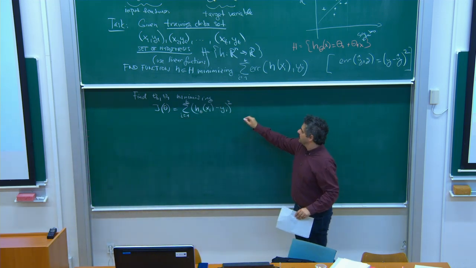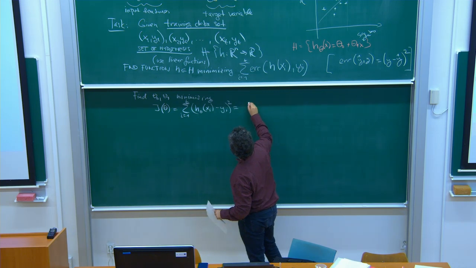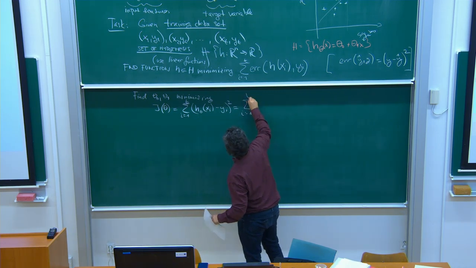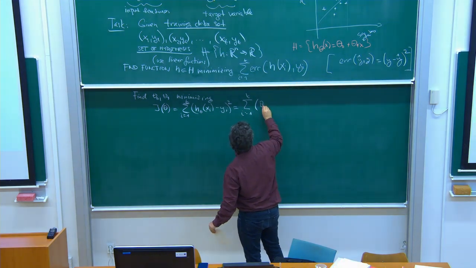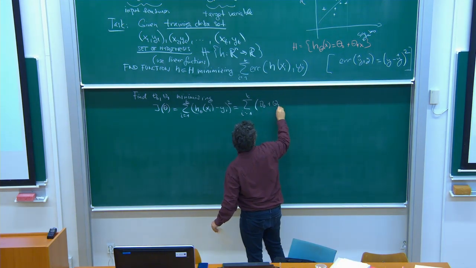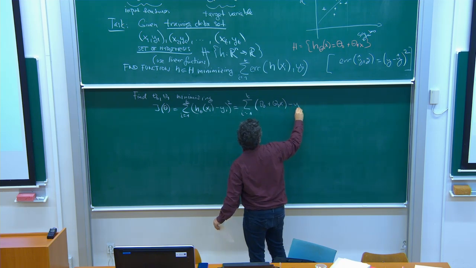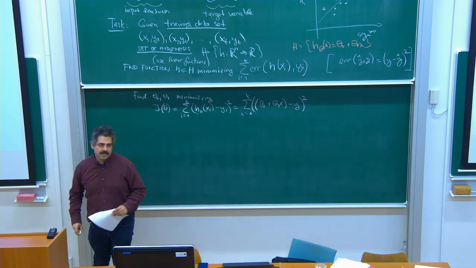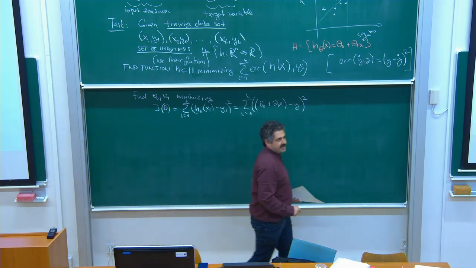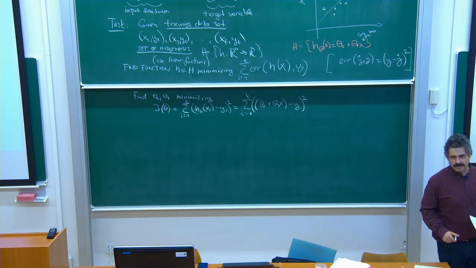And basically this is theta 0 plus theta 1 x minus y squared. So any suggestions on how to find such theta 0 and theta 1?